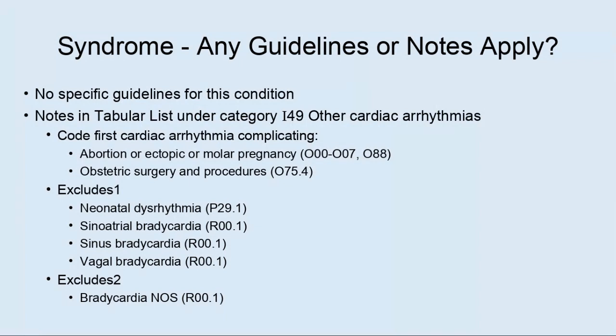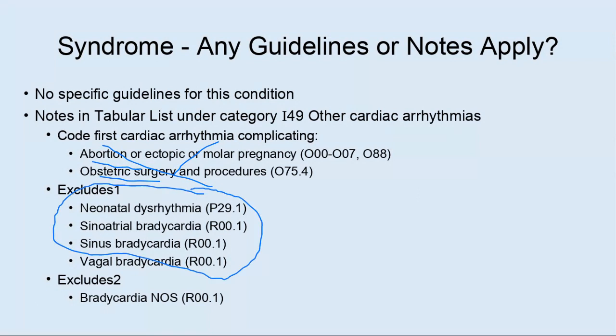For example, in the code category I49, other cardiac arrhythmias, there are these notes. Code first cardiac arrhythmia complicating abortion, obstetric surgery. Well, remember that this patient is male, so none of that's going to apply. There are these Excludes1 notes, which mean you can't report these together, and none of those are documented.